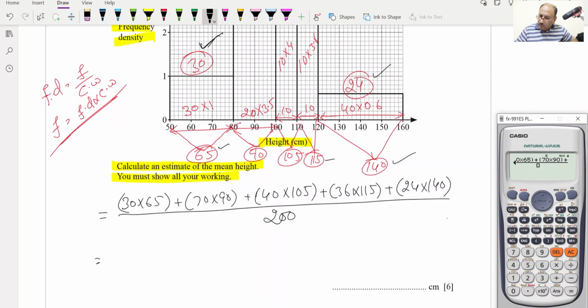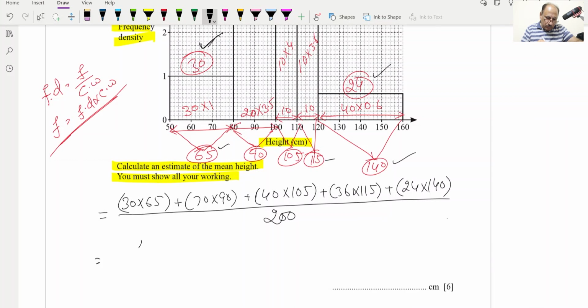So plus this will be 40 multiplied by 105, and plus this will be 36 multiplied by 115, bracket close, and plus next will be 24 multiplied by 140 and divided by 200 is equal to 99.75. So 99.75 centimeters will be our answer over here.